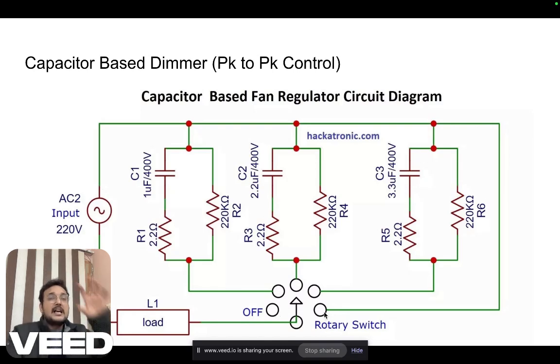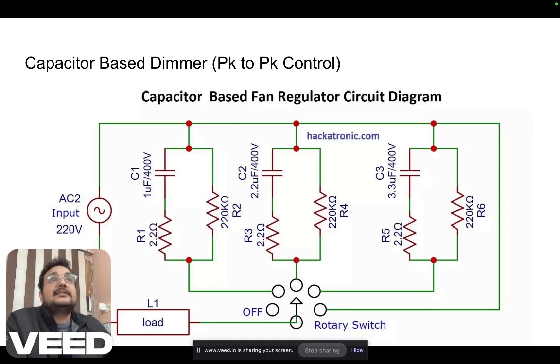When you put a capacitor in series with any source, whether it is an AC source or a DC source, the capacitor is bound to have some voltage across it.